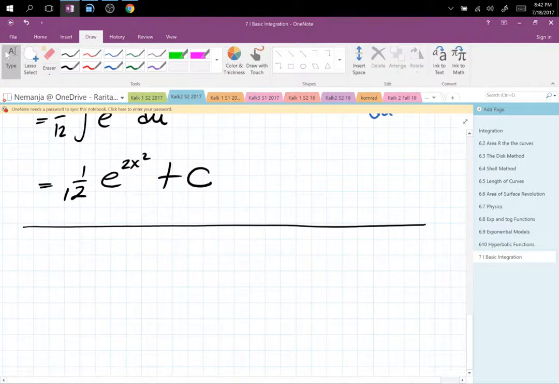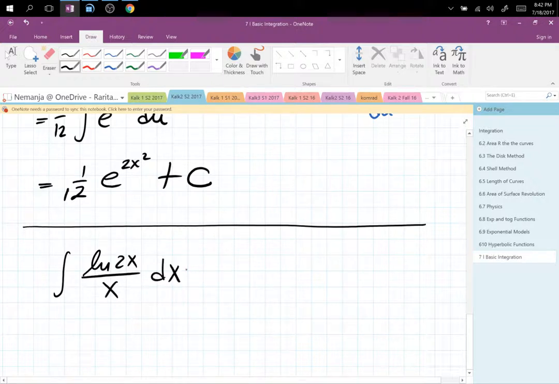All right, so let's take a look at another one, the integral of ln 2x over x dx.